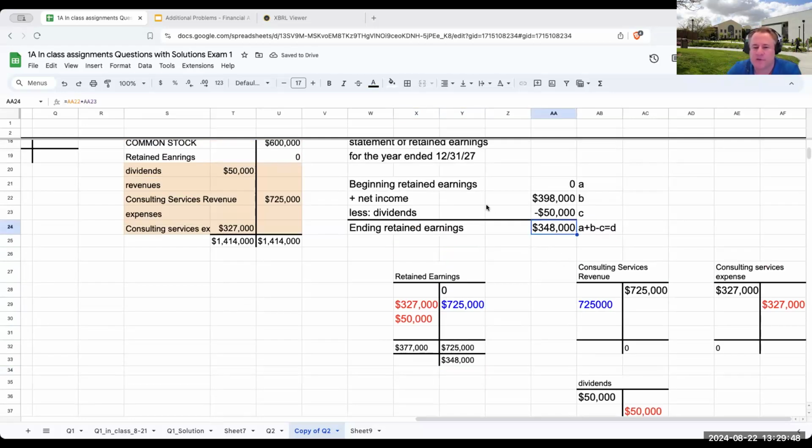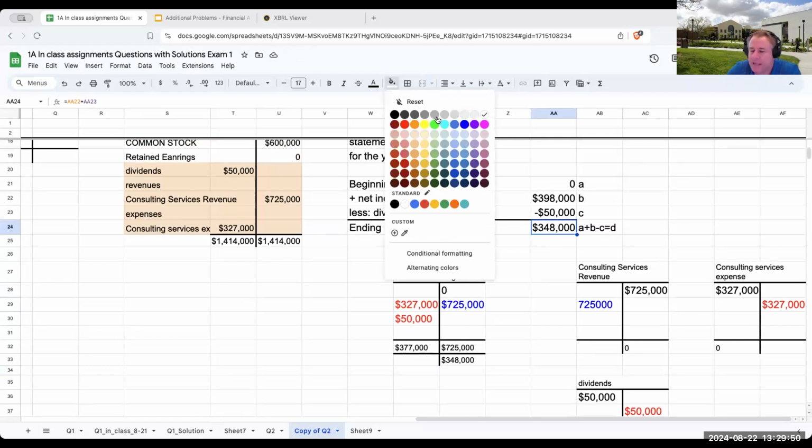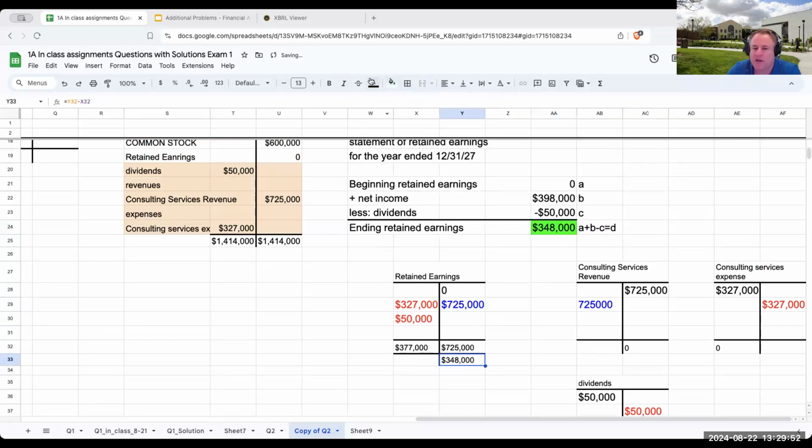Now, many of you might be saying, wow, Bennett, this looks familiar. It should, because it's the way we check our work. This is going to be the ending balance of retained earnings. It comes over here from the statement. So this is how we check our work. Okay. That's how we close out our temporary accounts to retained earnings.